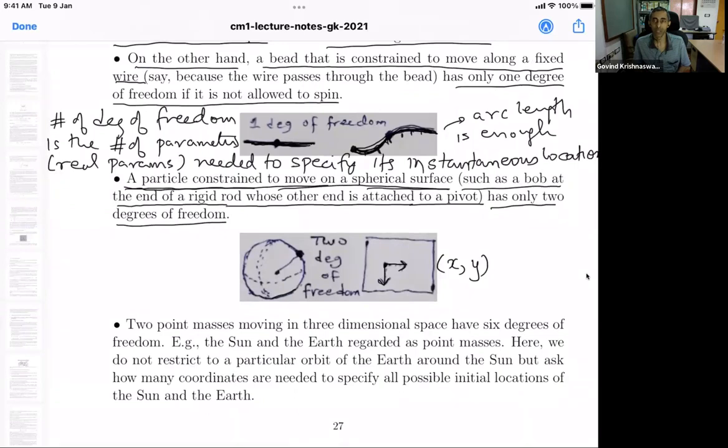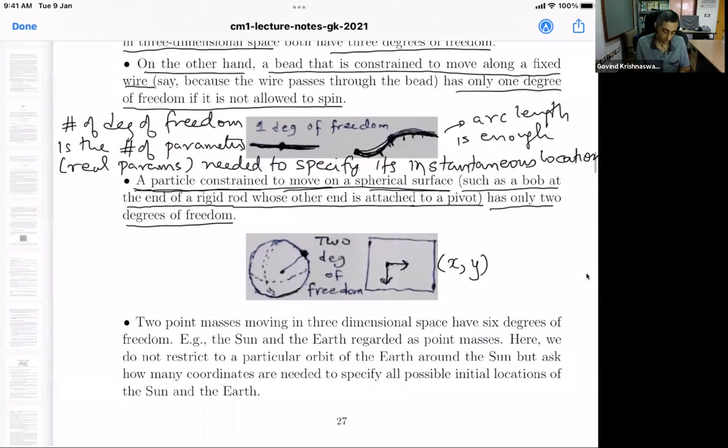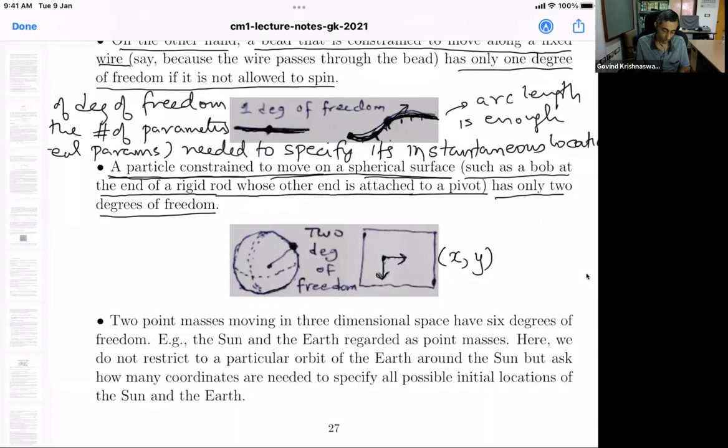No, the concept of state is a different concept. The concept I'm speaking of is not the state. The state includes the specification of where you are and where you're going, whereas the location has less information. I'm only saying the bead is here. I'm not saying that the bead is moving this way or that way. If you want to specify that additional information, how fast you're moving this way or that way, then you would be specifying the state, and then you need more parameters.